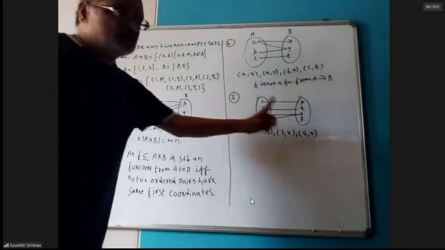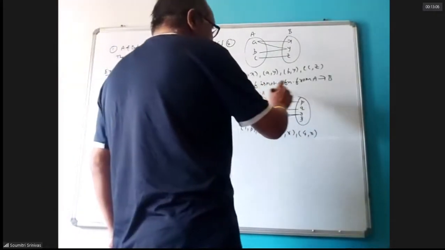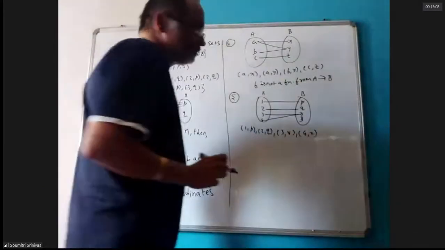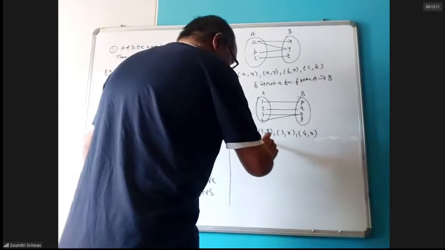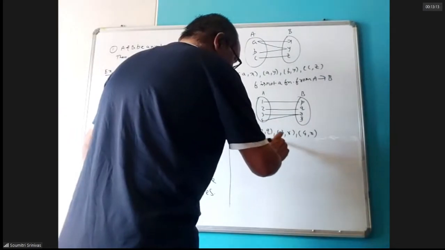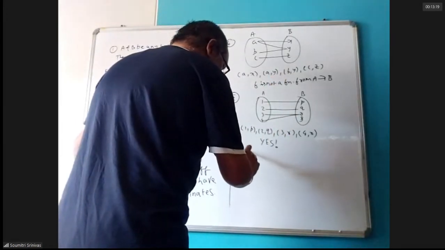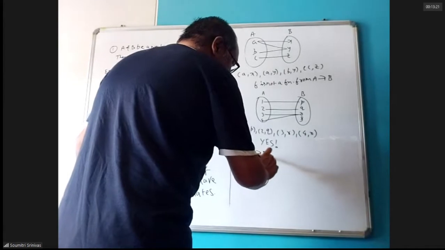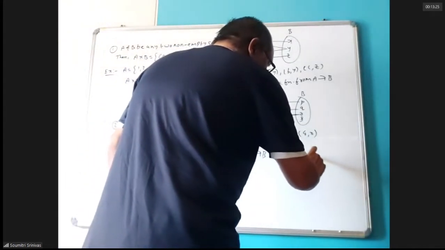Is this a function from A to B? Yes, sir. If you call this A and this B, the answer is yes. F from A to B is a function.